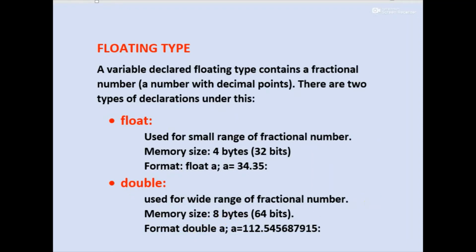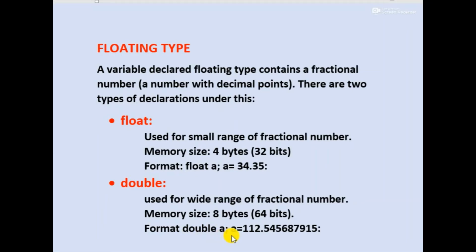That means if we declare any variable of double data type, the memory block for that variable will be 8 bytes. And the format of double data type is the name of the data type, that is double, then the variable name.